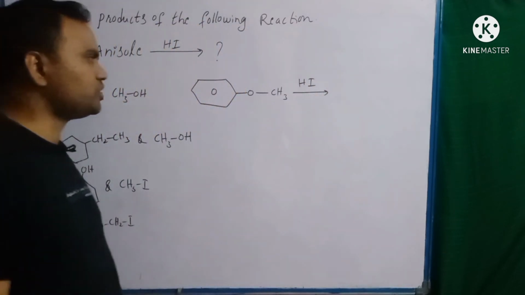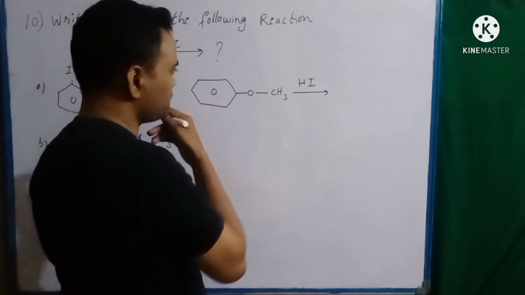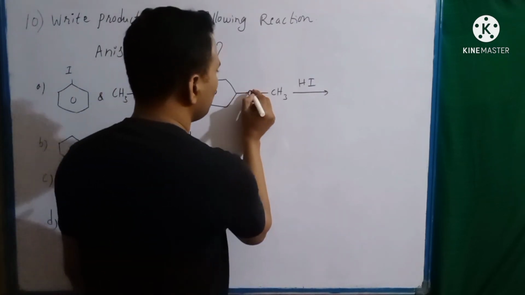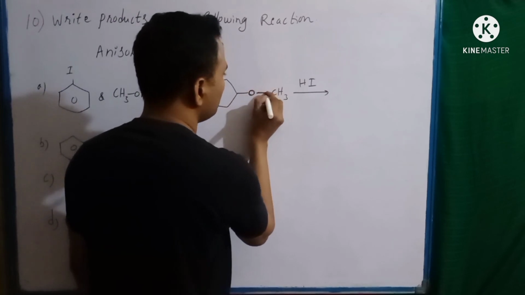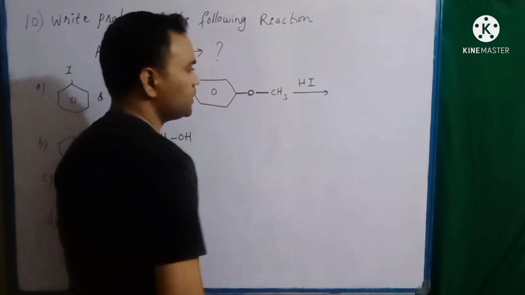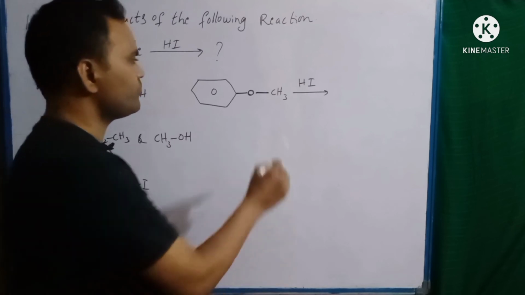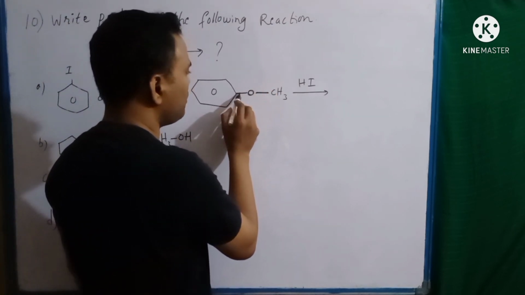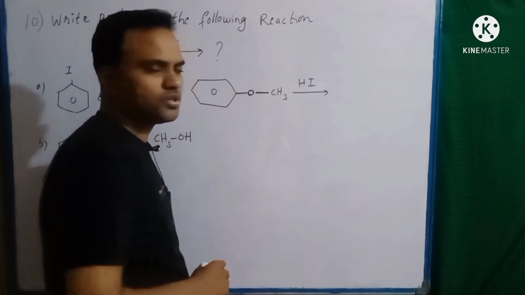See here 2 possibilities take place. Okay, this is ether. Ether when treated with HI, cleavage of oxygen and carbon bond, either this bond or this bond, cleavage will take place. Means this bond may come onto the oxygen atom, or this bond may come onto the oxygen atom.